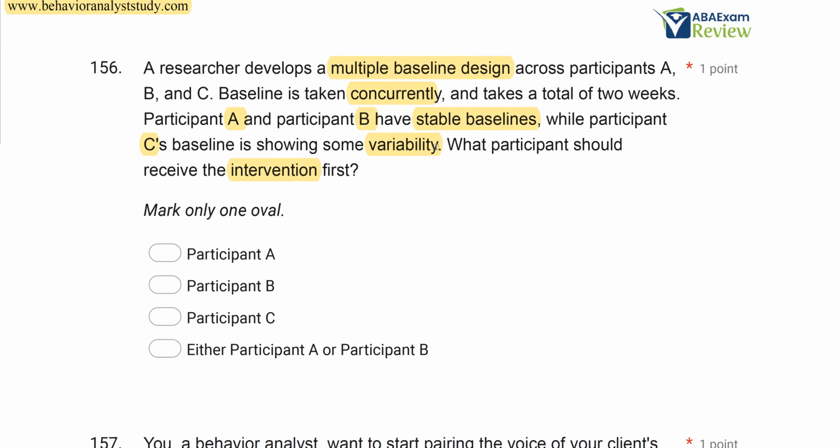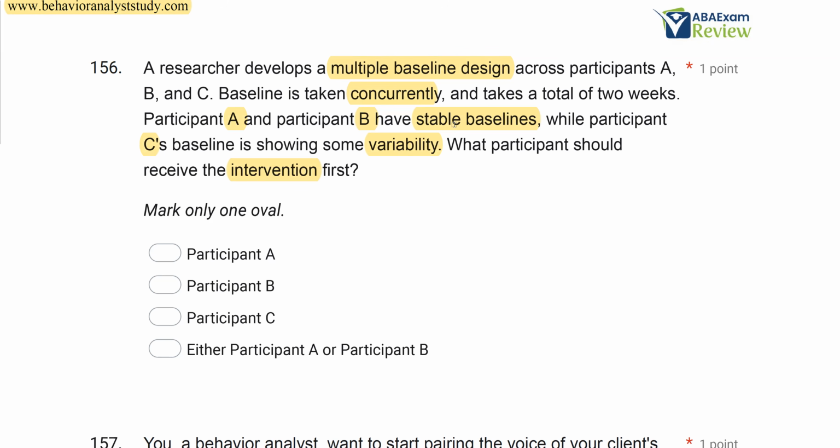So, how do you choose who gets intervention first in a multiple baseline design? Well, first things first. If you have a stable baseline, that participant or setting or behavior should get the IV first, should get the intervention first. In this case, we have 2 stable baselines. Therefore, you can randomize it or you can pick either one.